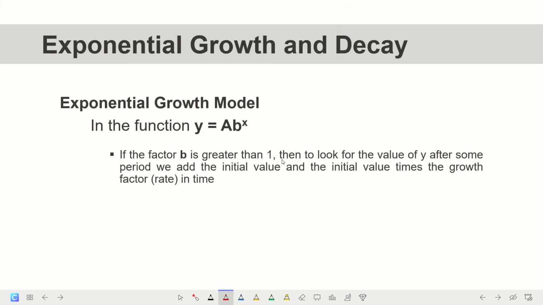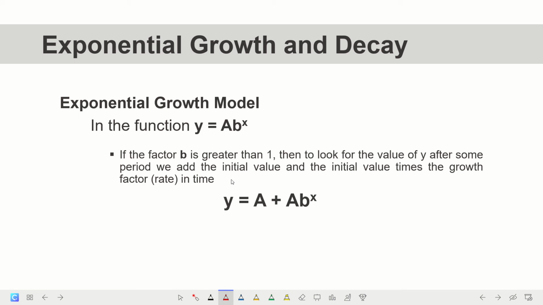For the model of exponential growth in the function y equals ab raised to x, if the b factor is greater than 1, then to look for the value of y after some period of time, we add the initial value and the initial value times the growth factor in time. So y equals a plus a times b raised to x.